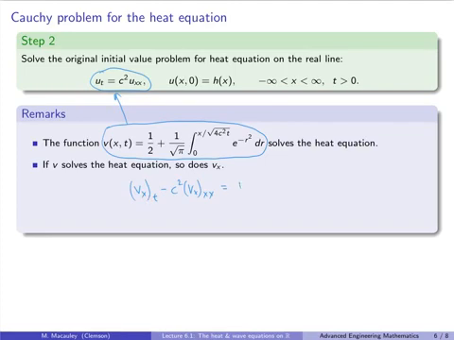So I can write this as v_t minus c squared v_xx, in parentheses, x. Can't stop me from doing that. And of course, this is 0 because v solves the heat equation. So this is 0, showing that v_x solves the heat equation as well.